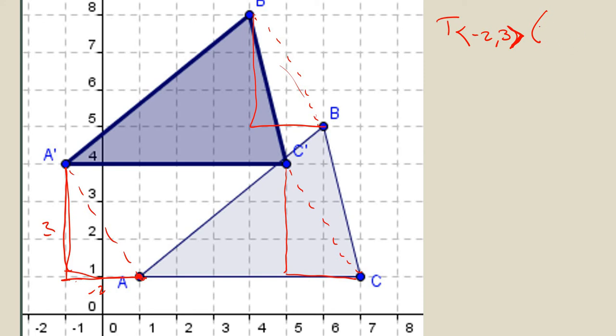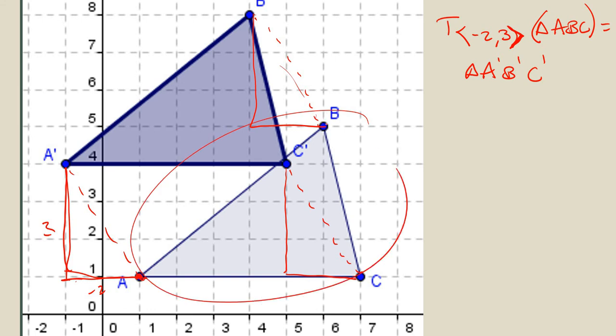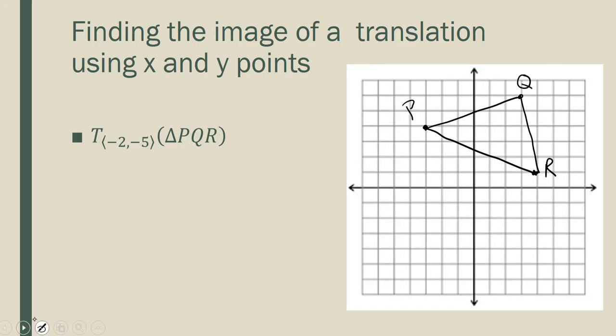I'm sorry, yeah, that's right. Of triangle ABC takes me to triangle A prime, B prime, C prime. Okay? So taking my original and seeing how I move it, X and Y, to get my translation.